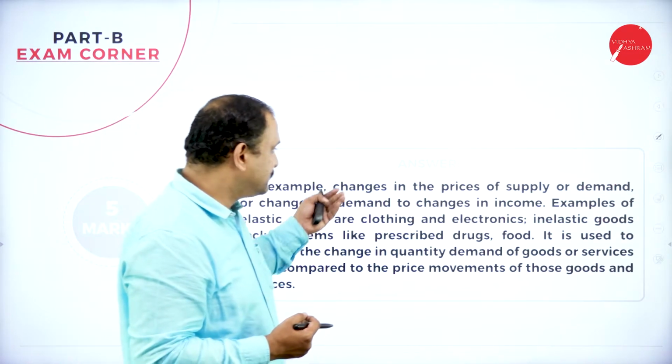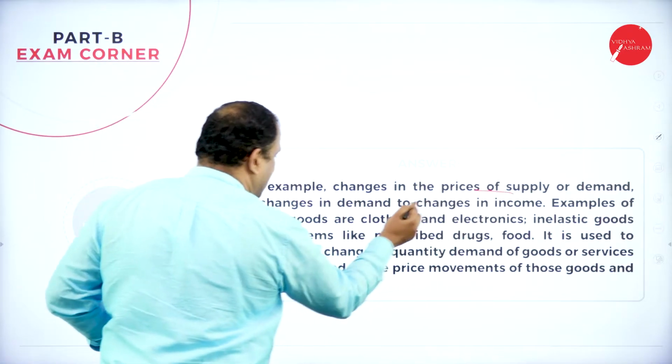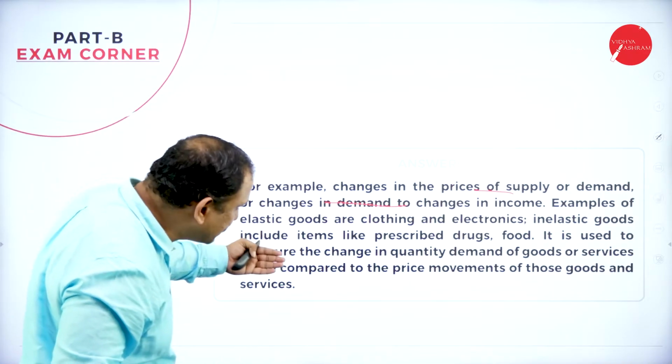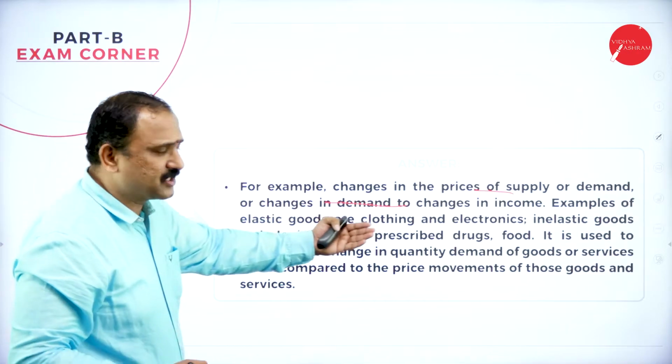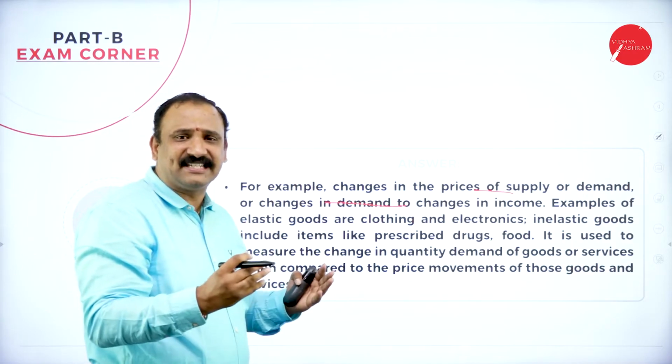Now, when you continue on this, you will also say changes in the price of supply and demand factors of income, which is very important. Examples of elastic goods are clothing and electronics, and inelastic goods are drugs or food, whichever we are talking about. These are the inelastic and the elastic items.